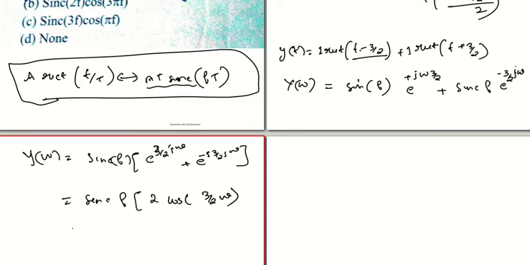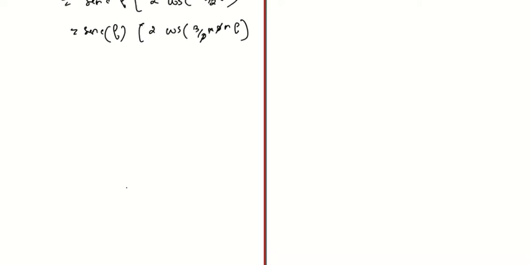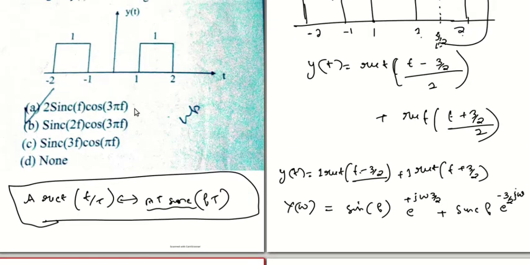So it is sinc f into 2 cos, and instead of omega I am going to write 2 pi f. So the final answer is 2 into sinc f into cos 3 pi f.